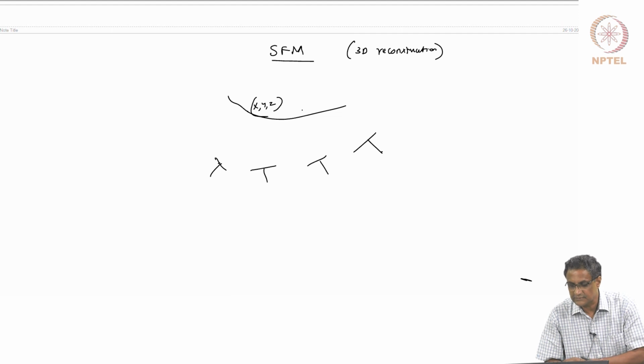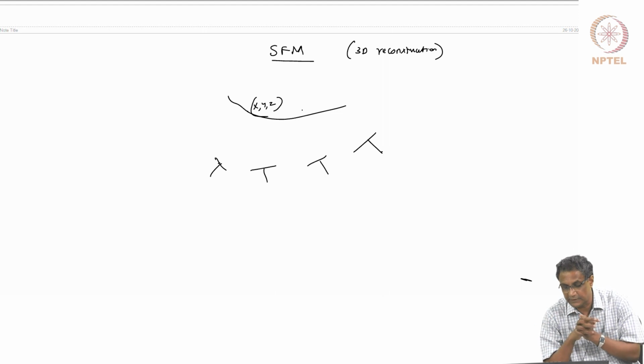In the last class, I just took up a 2-view situation because that is the simplest. Today's class, hopefully, we will do what is called multi-view SFM. In 2-view SFM, you can initially compute the fundamental matrix.